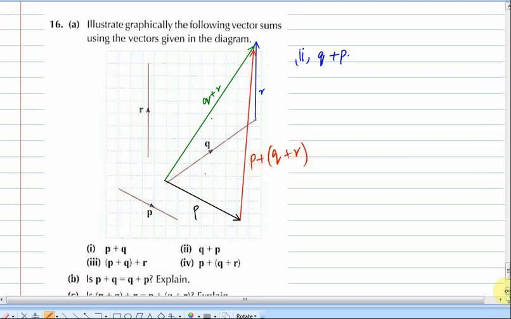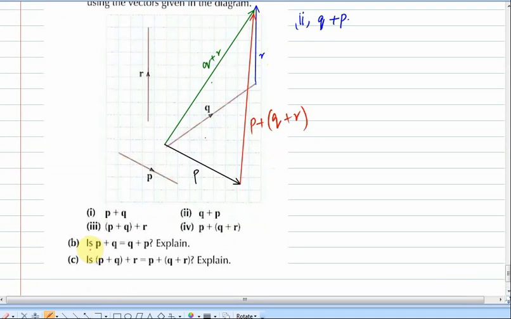Is P plus Q equal to Q plus P? Now you can find this out easily from your diagram. Is it true or not? If it is true, then it means that vectors hold the commutative law. Similarly, for part C, you can also see from your diagram whether they are the same or not.